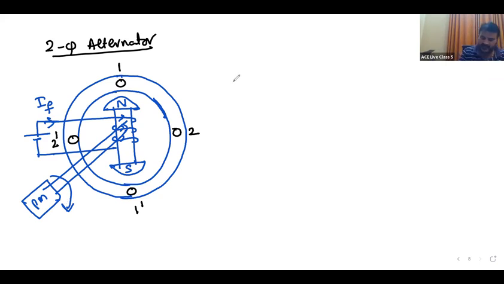Right now tell me, in which phase maximum value of induced EMF takes place? Phase 1. Right now the conductor is under the north pole, so EMF is maximum in phase 1.